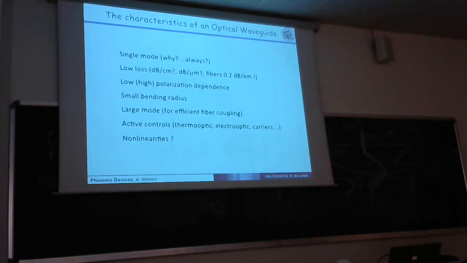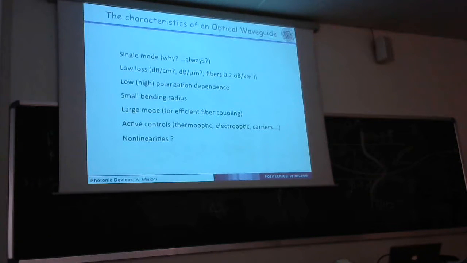You remember the picture of the waveguide before. Sometimes you say, this is a very bad waveguide for an application, but very good for other applications. So typically we want single mode, not always. We want low losses. What does it mean, low? If you compare to an optical fiber, 0.2 dB per kilometer, the attenuation of a waveguide is huge.